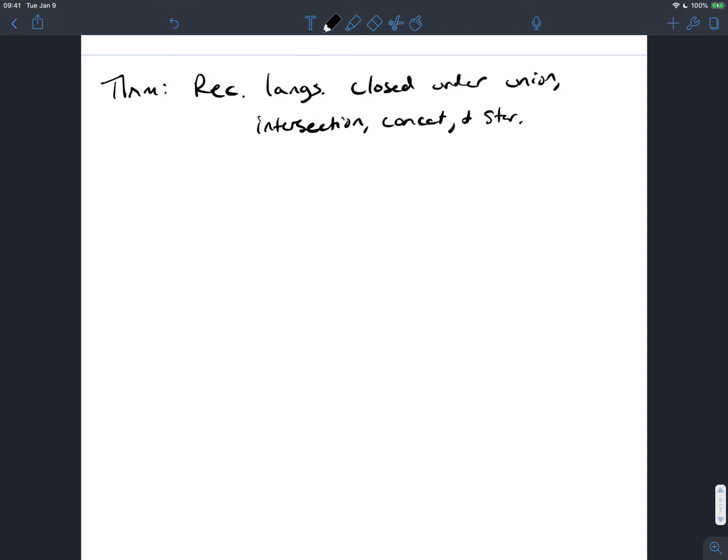What does a recognizable language mean? Well, there's a recognizer for it. So let's do union. L1, L2 recognizable, and instead of calling them D, let's call them R for recognizer. Let R1 and R2 be recognizers for L1, L2.